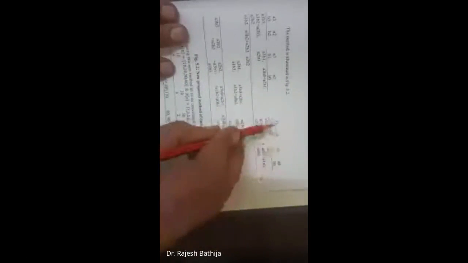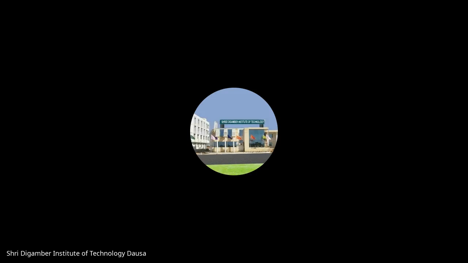Here, these are the samples. I have taken A1, A0, B1, B0, and A3, A2, B3, B2, right? So the numbers are A3, A2, A1, A0 and B3, B2, B1, B0.